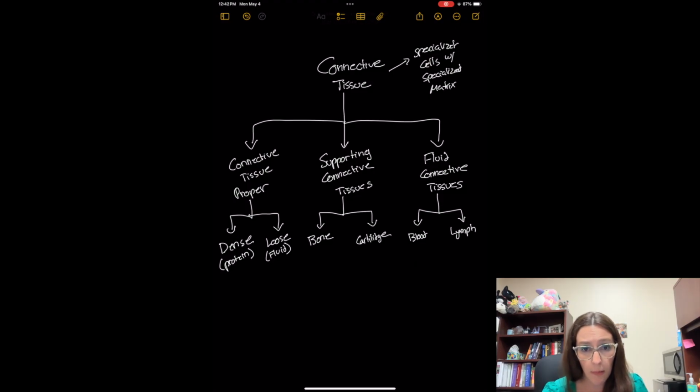If you want to think about how to separate between the three, the fluid connective tissues, think about them as ones that circulate through the body. If you want to figure out what we're thinking of as supportive connective tissue, think of one that's giving our body its structural framework.